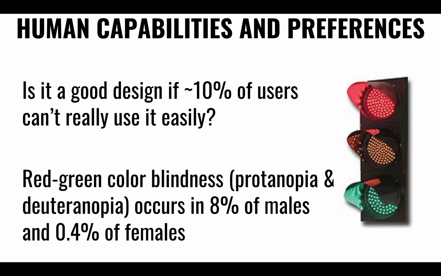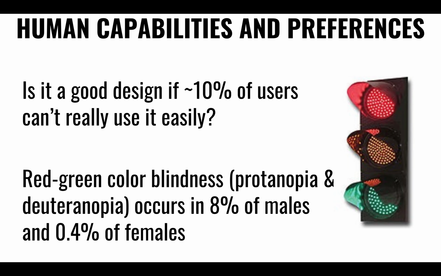Some folks might have some disability that we might just decide we're not going to even consider, right? Even though 10% of users might not be able to see the difference between red, green, or yellow, nevertheless, we have a very ubiquitous user interface of using these colors in traffic lights all over the world, right?